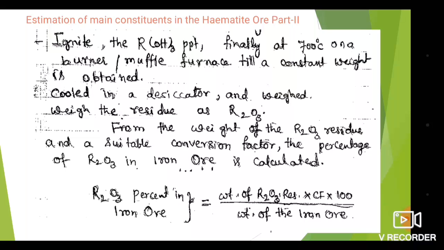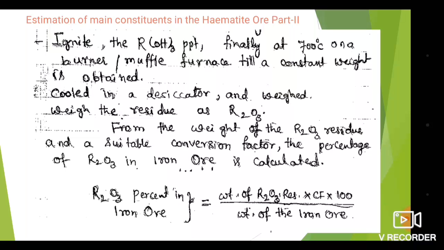From the weight of the R2O3 residue and a suitable conversion factor, the percentage of R2O3 in the iron ore is calculated. R2O3 percent in the iron ore is equal to weight of R2O3 residue into conversion factor into 100 divided by weight of the iron ore.